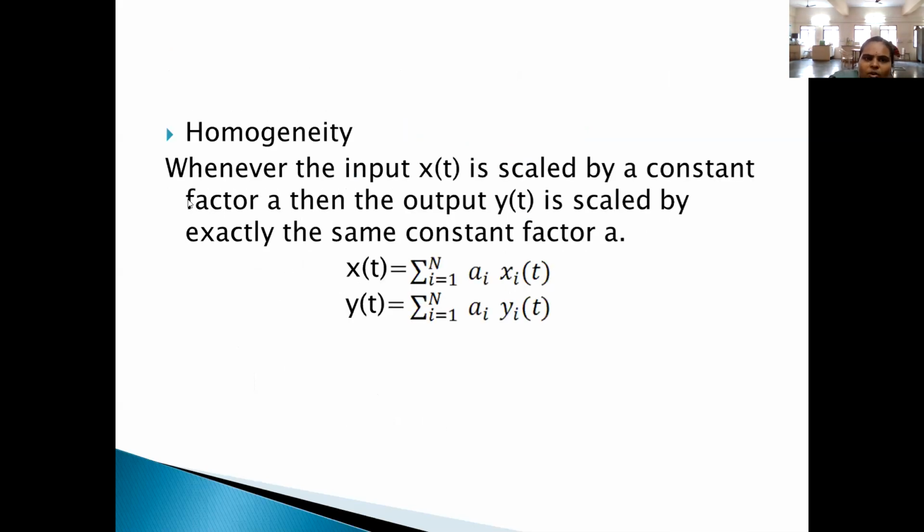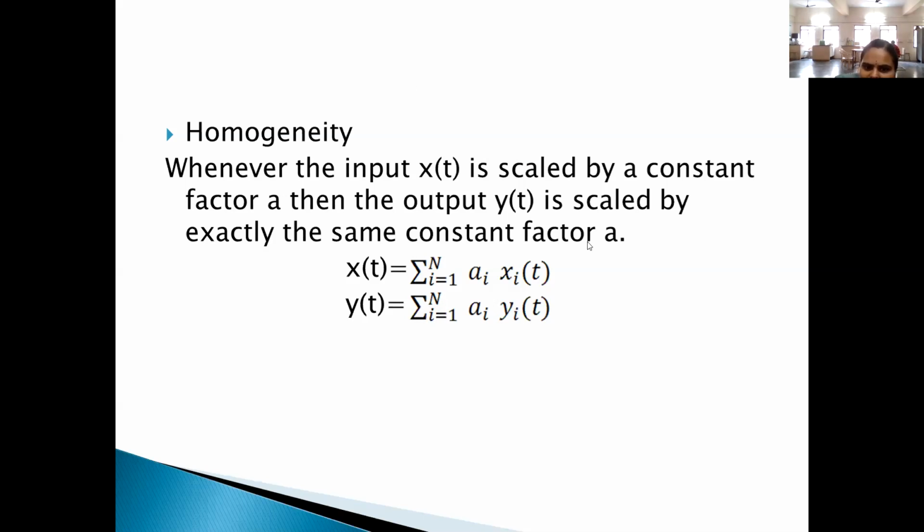Then homogeneity means when an input signal is scaled by a constant factor, the output y of t is scaled by exactly the same factor. That is x of t equals summation i equals 1 to n of ai xi of t, and y of t equals summation i equals 1 to n of ai yi of t.